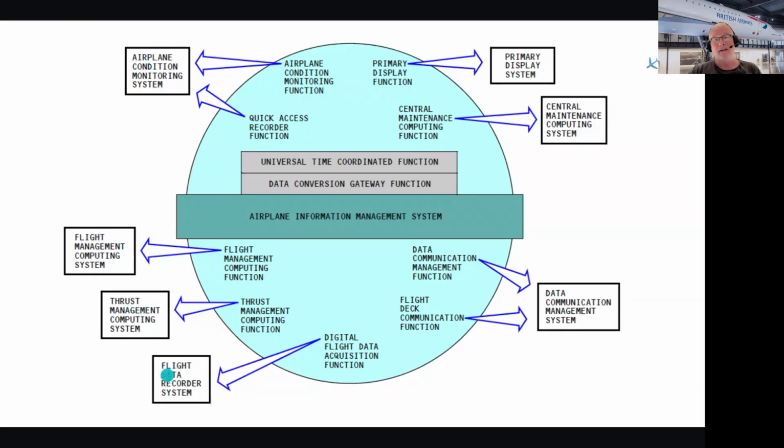The FDR is another app. The Primary Display System is another app. The CMC. All of these are different apps, and the mobile phone itself is the one that combines all these apps, takes the info, and sends out the info to the specific app that's required. And that's how they designed this.